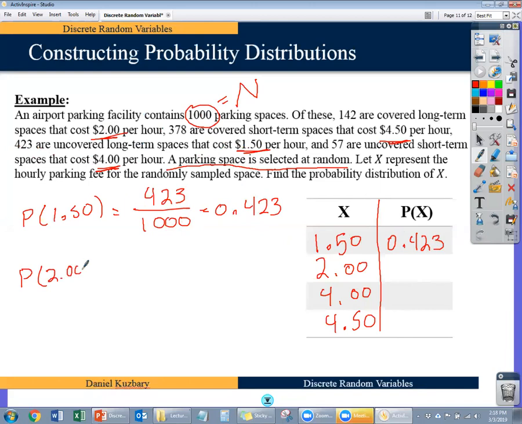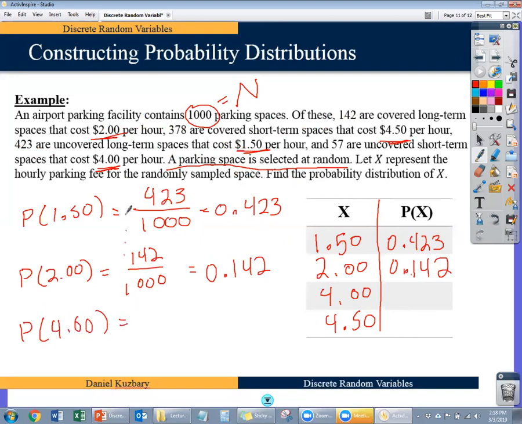So the probability that I randomly select a $2 space, well, I need to find out how many $2 spaces there are. There's 142 of them over 1,000. And I get 0.142. And then the probability that I randomly select a $4 space, well, I need to find out how many of them there are. There's 57. So it's going to be 57 over 1,000.